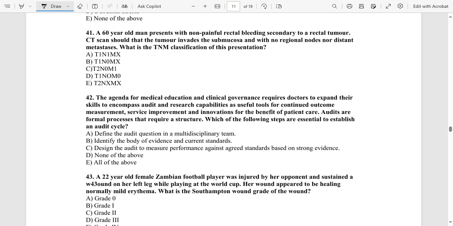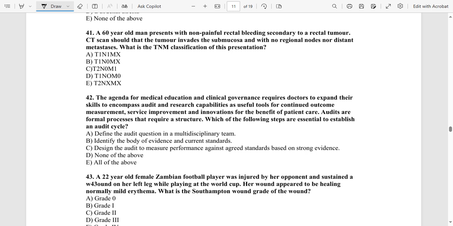For the N, which is the lymph nodes, NX means you can't evaluate the lymph nodes. Basically, X means can't be evaluated. N0 means no lymph node involvement, and then N1, N2, N3 tell you about the involvement of the regional lymph nodes.